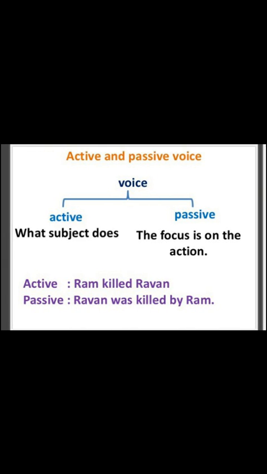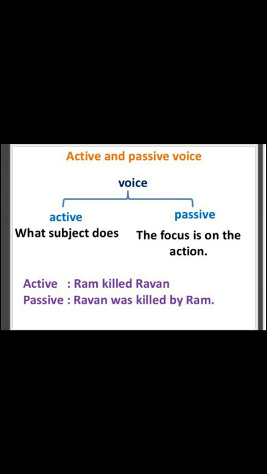Active and passive voice. Voice, as you know, is of two types, active and passive. In active voice, the subject does the action. In passive, the focus is on the action. Now come to the point.